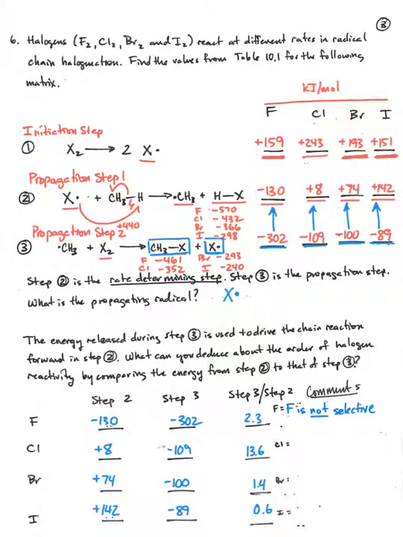If we look at chlorine, we see the ratio is about 14. And so what that's telling us is we're producing an ample amount of heat in the second propagation step to overcome the plus 8 kilojoules per mole in the first propagation step. But the amount produced is 14 times what we need, and so that's telling us that chlorine will sustain the free radical reaction, but it will not be selective in primary versus secondary versus tertiary.